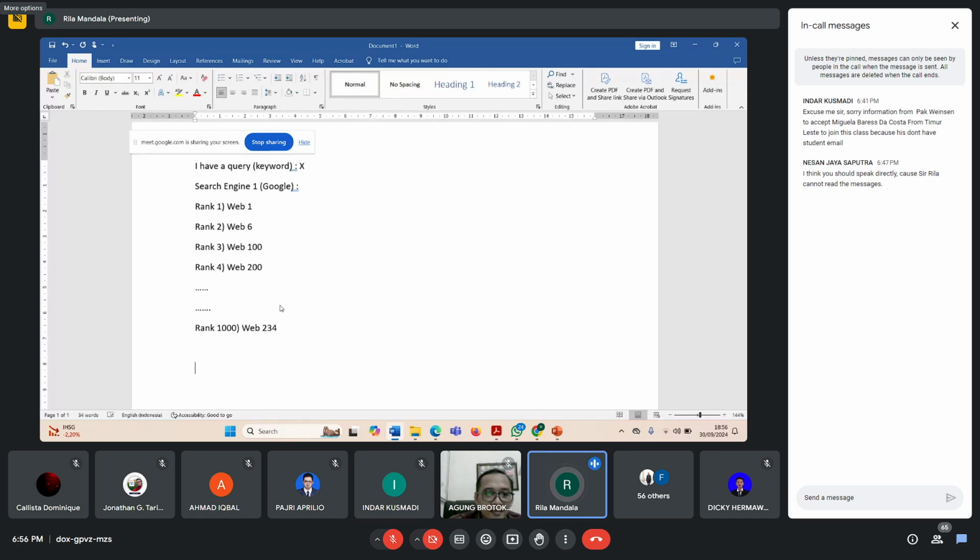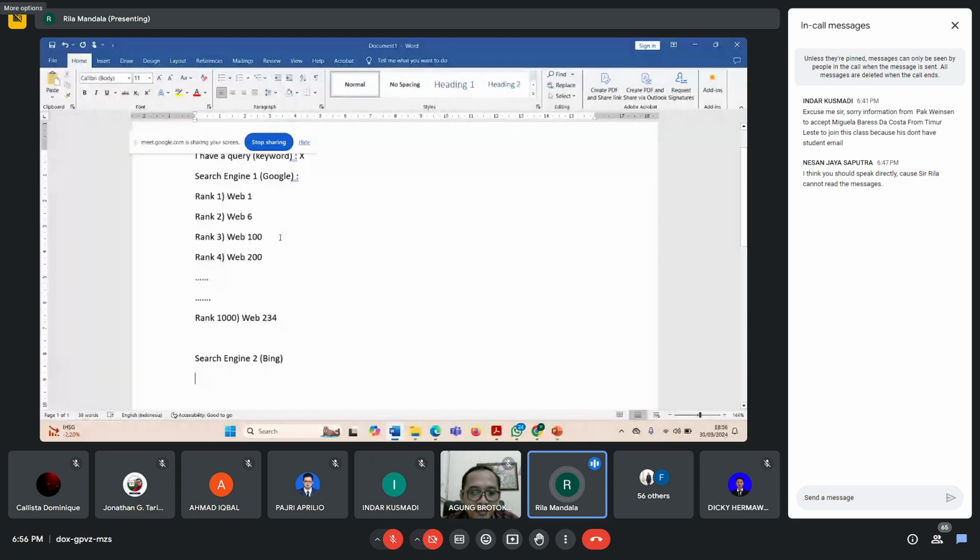The other search engine, number two, for example, Bing. In rank one, for example, the rank one is web number 1,000. Rank two is web number 2,000.